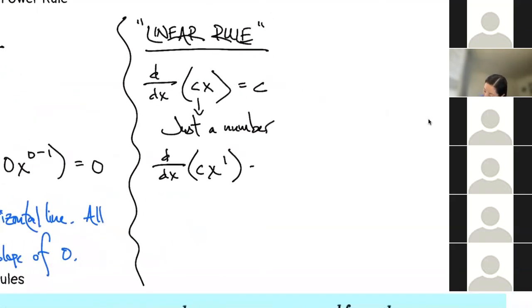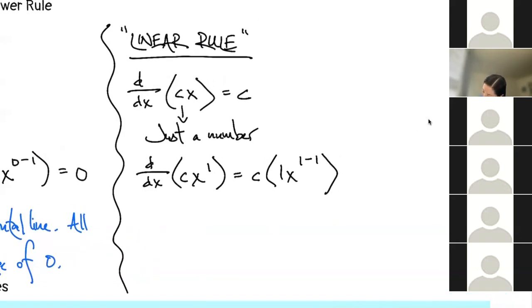Now, if we use our power rule, we're going to get C times, bring the power down, x to the 1 minus 1. C times 1 gives you C, and this is x to what power after we use the power rule? X to the 0, good. What is x to the 0? There you go. X to the 0 is equivalent to 1. And so we end up with C.